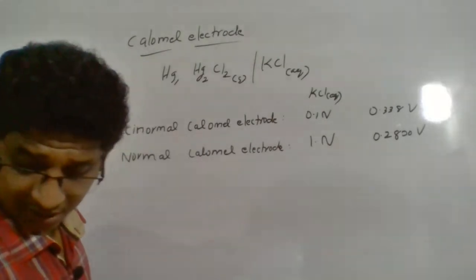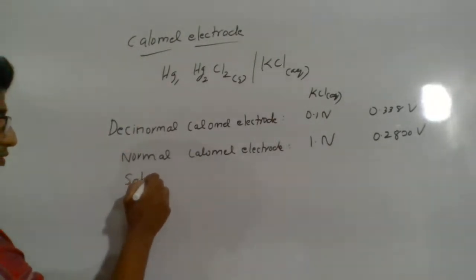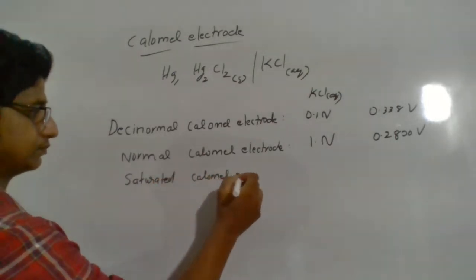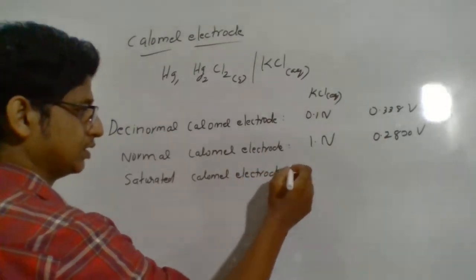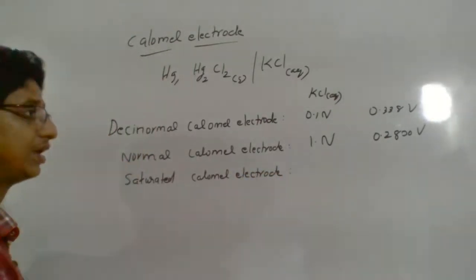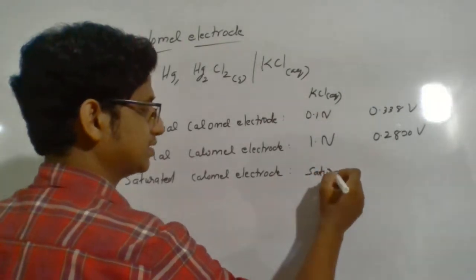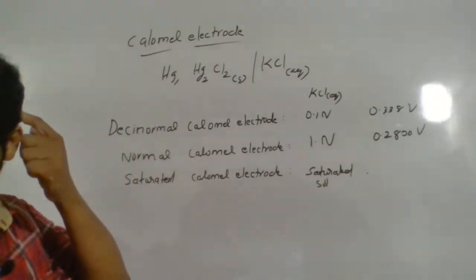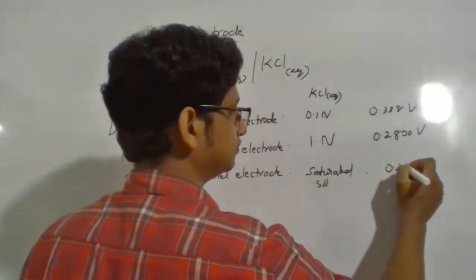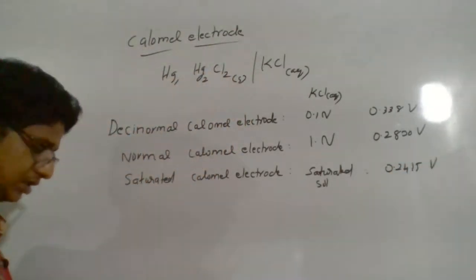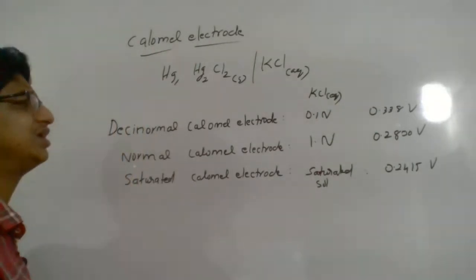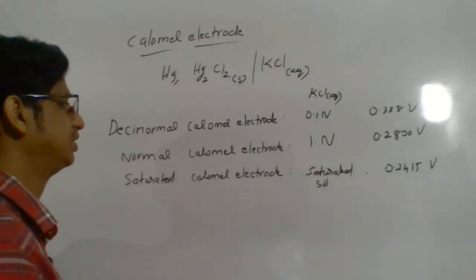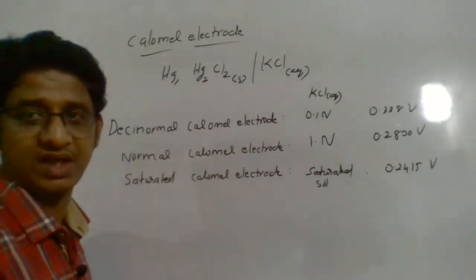After that, the saturated calomel electrode. That means it has to be a saturated aqueous solution of KCl, which will produce an electrode potential of 0.2415 volt. So the calomel electrode is another reference electrode which can produce a constant electrode potential that depends on the concentration of the aqueous KCl solution.